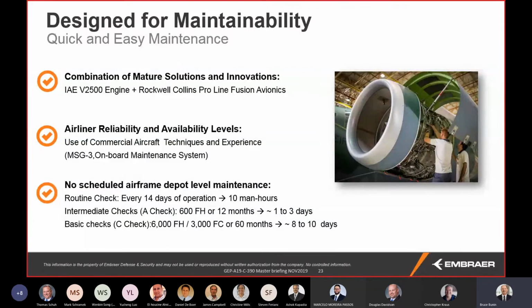And finally, the airplane is designed for maintainability, as I talked about earlier. We tried as a company to be smart about where to use mature technology, where the benefit of taking technical risk wasn't there, and where we could use more advanced technology like the avionics system, right? And you could say there's a risk there with that Rockwell Collins system, but it was pretty well known commercially.